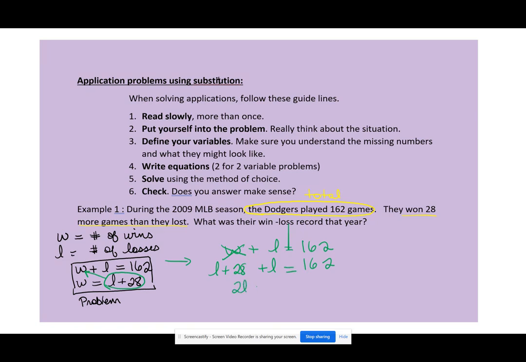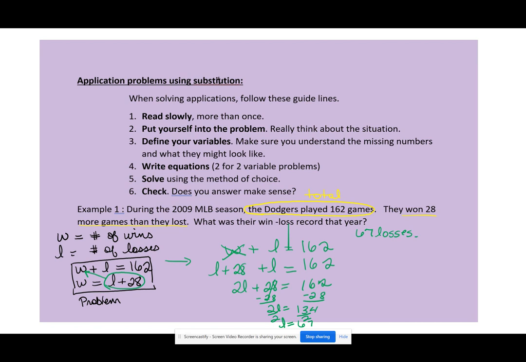That gives me 2L plus 28 equals 162. Subtract 28 on both sides, and I'm going to have 134. Divide both sides by 2, and I'm going to get L equals 67. So that's 67 losses.